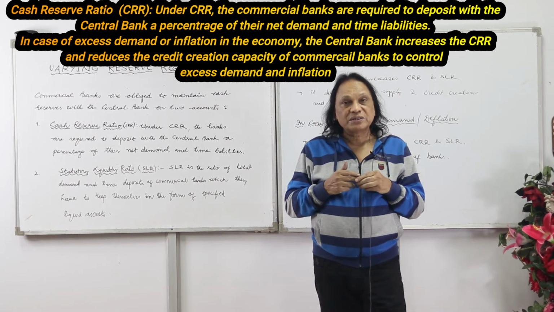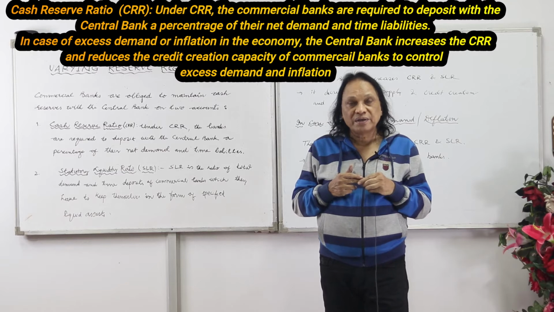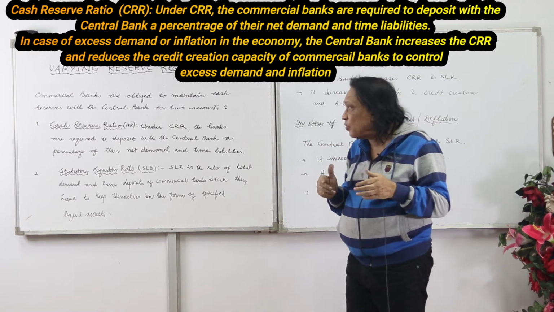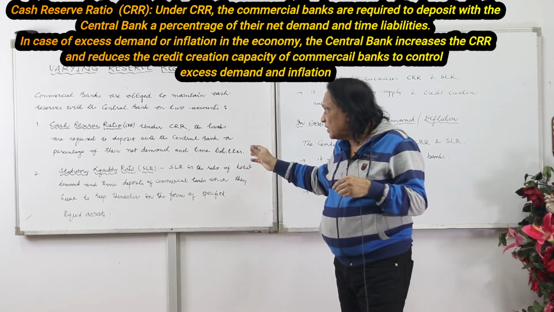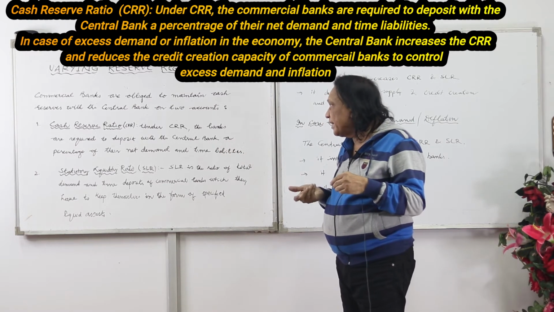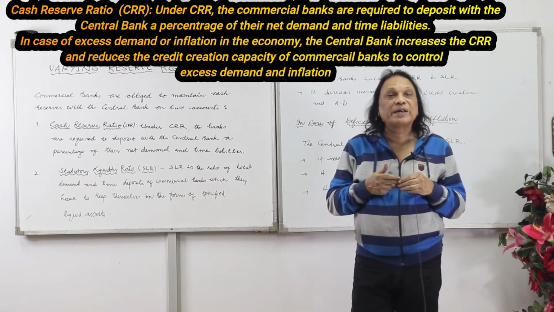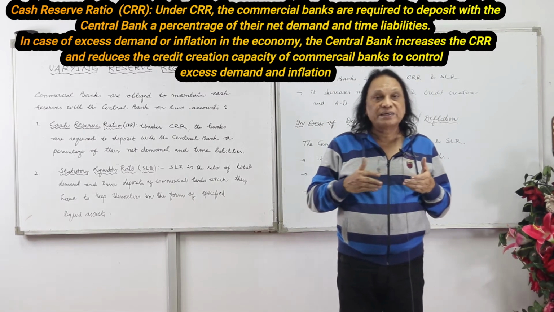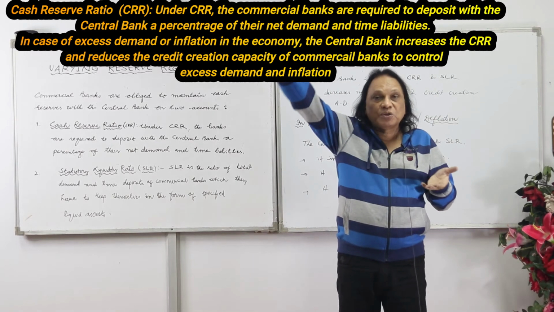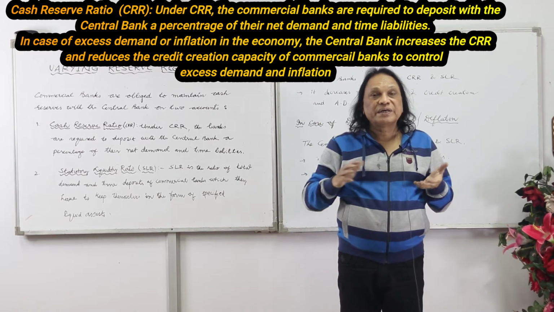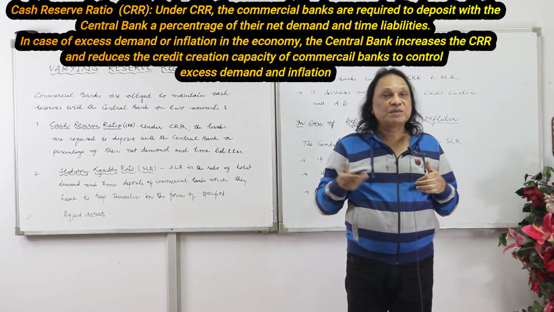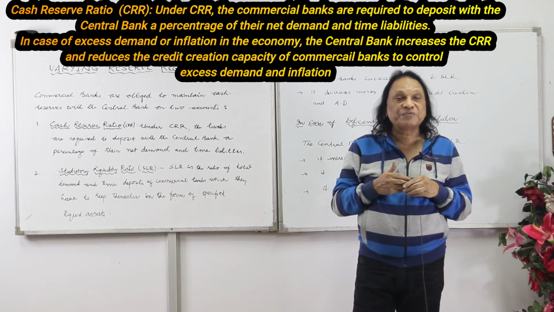What exactly is cash reserve ratio? CRR, cash reserve ratio: under CRR, the banks are required to deposit with the central bank a percentage of their net demand and time liabilities. In simple words, as per the guidelines of the central bank, every commercial bank is supposed to keep with the central bank certain cash reserves, which they have in terms of demand deposits or time deposits, meaning fixed deposits.